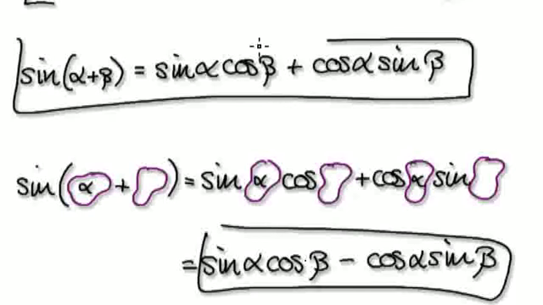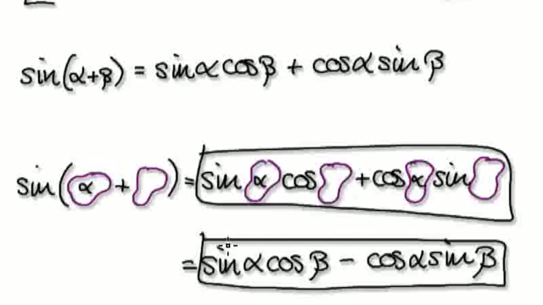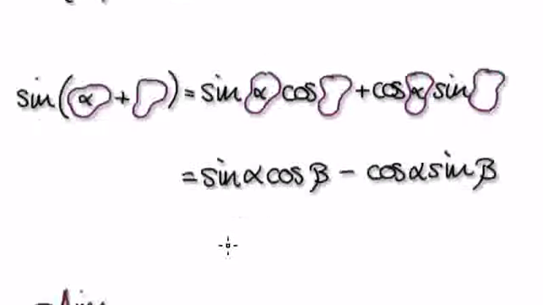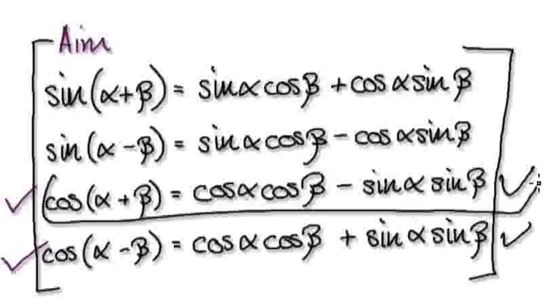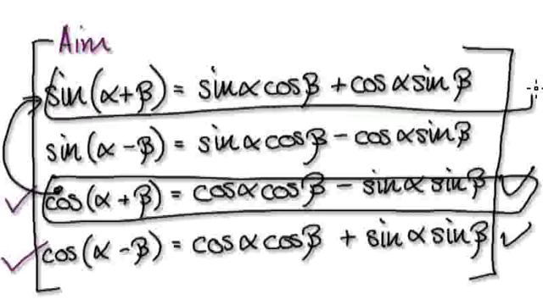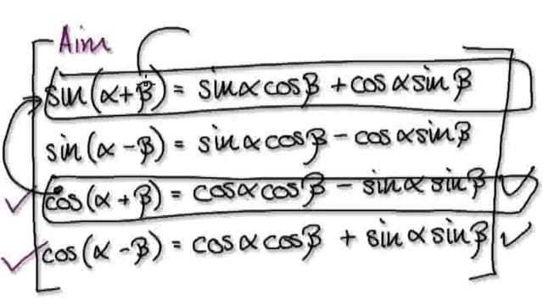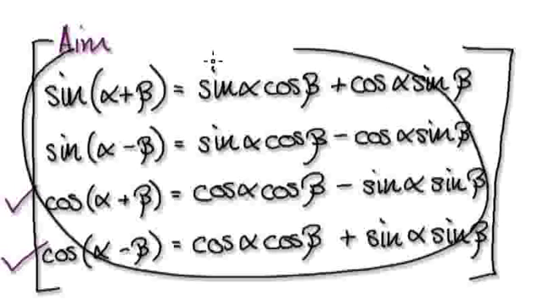So once you've got to this stage here, you can simply put minus beta into your second bubble, and then the whole thing here translates to this. So therefore, we've proved all four identities here. We've done these two, and then we use this here to prove this, and then from this here we put minus beta into here to prove this. Okay, so now we've proved all four.